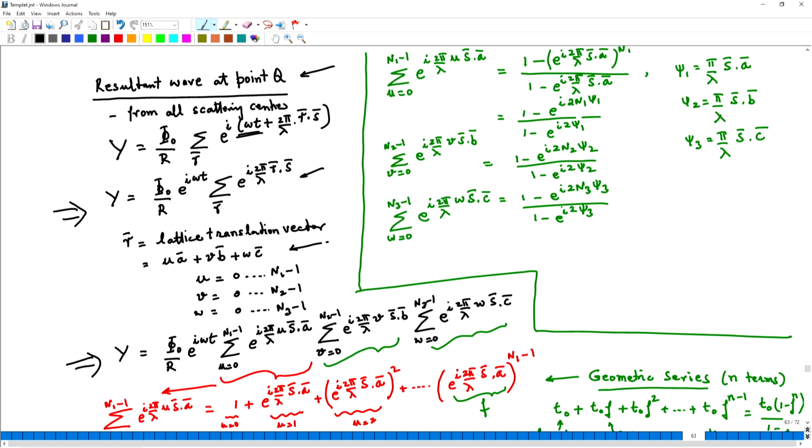One used the relationship for the summation of a geometric series, and got the summation result for the first term, the second term, and the third term, where note that psi 1, psi 2, psi 3 are pi upon lambda s dot A, where s is a scattering vector and A is a translation vector in the unit cell. Similarly, pi upon lambda s dot B is psi 2, and psi 3 is pi upon lambda s dot C.